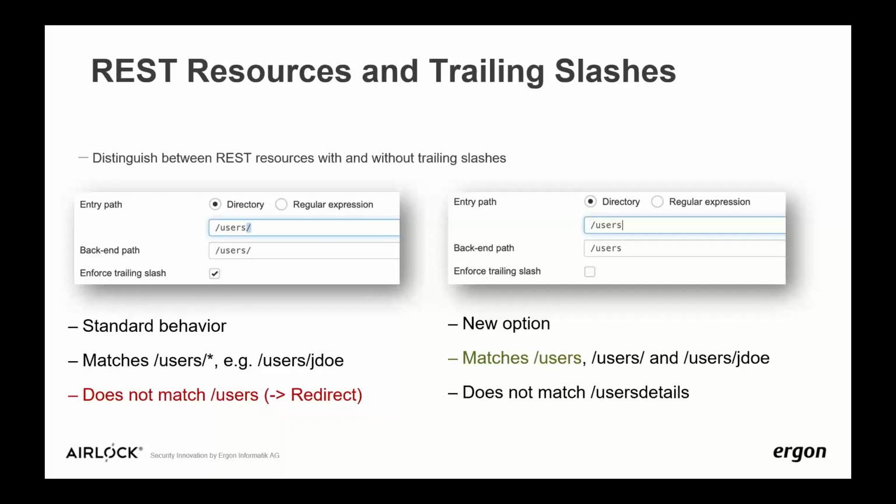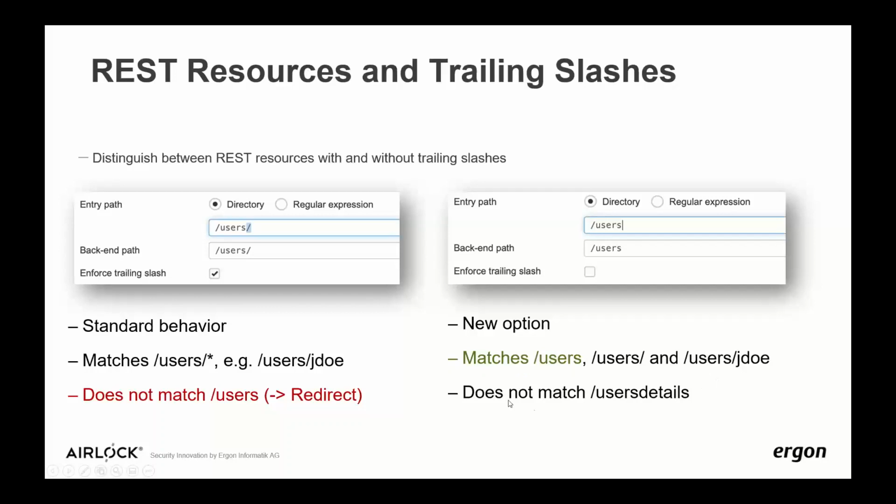And now the new behavior, if you don't enforce the trailing slash, that's the new option we have in here, is that you can define the /users path, which means that everything with /users and /users/John Doe will be accepted.